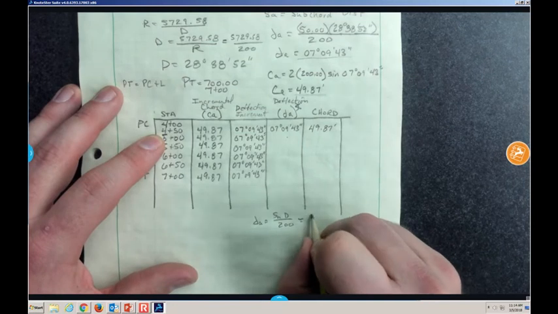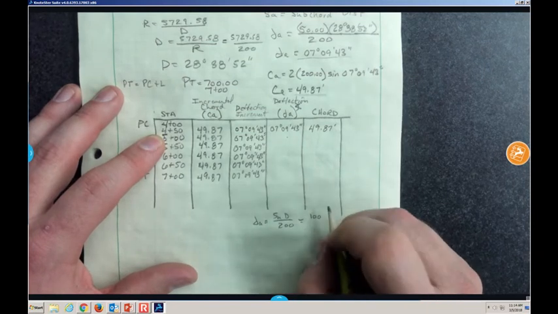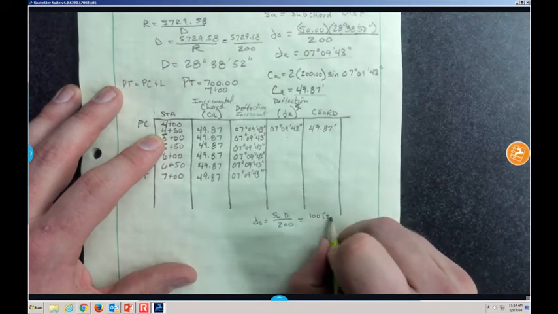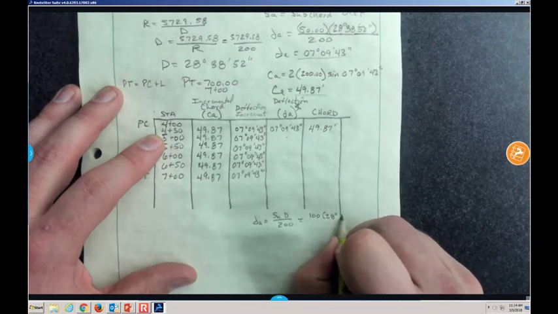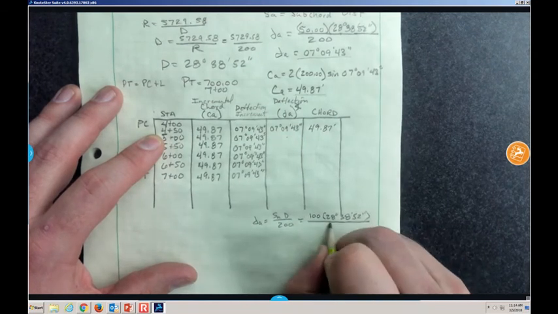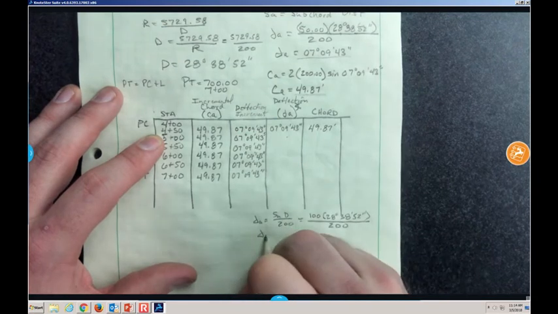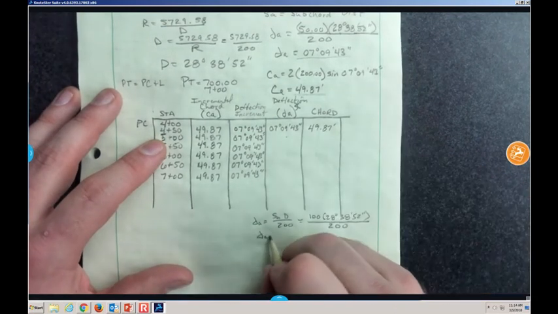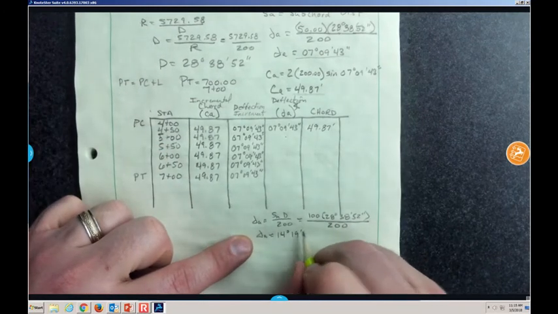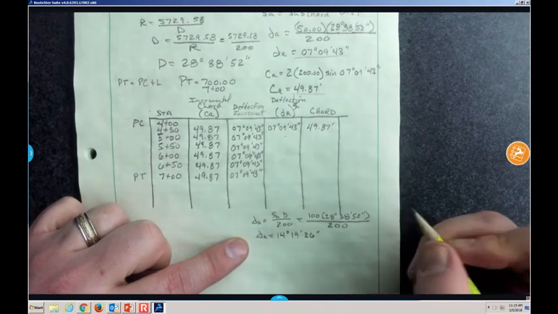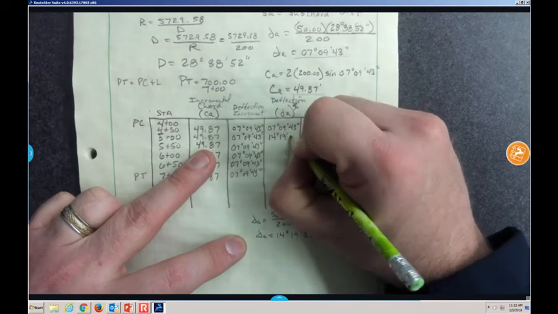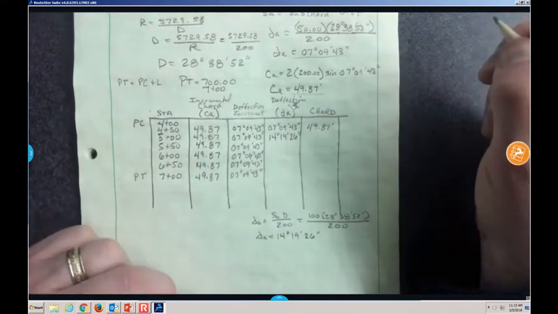So our SA is 100 times D, which we already figured out, and D is 28 degrees, 38 minutes, 52 seconds, and that's divided by 200. So what is alpha A for 5 plus 00? 14 degrees, 19 minutes, 26 seconds. Okay, so it's 14 degrees, 19 minutes, 26 seconds.